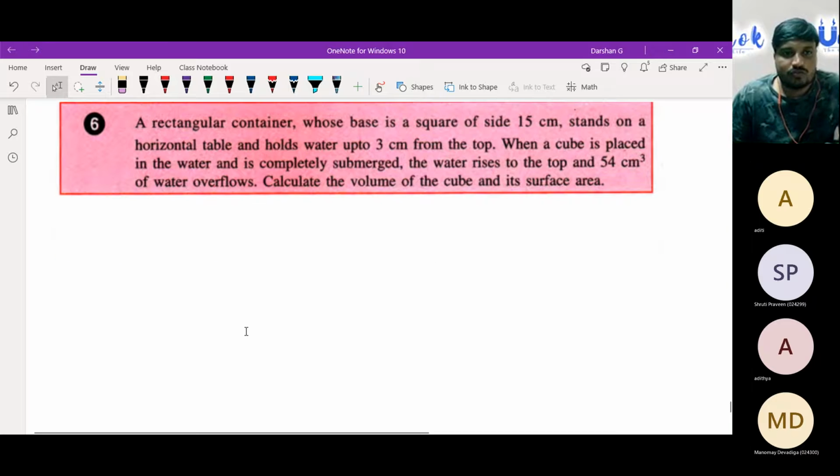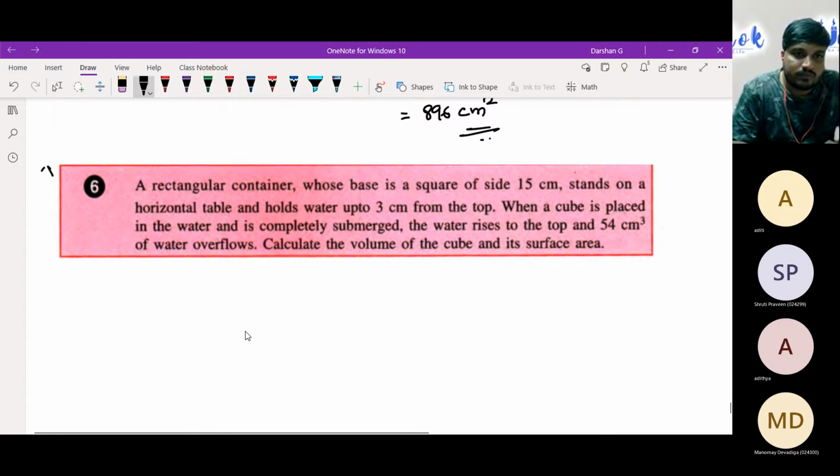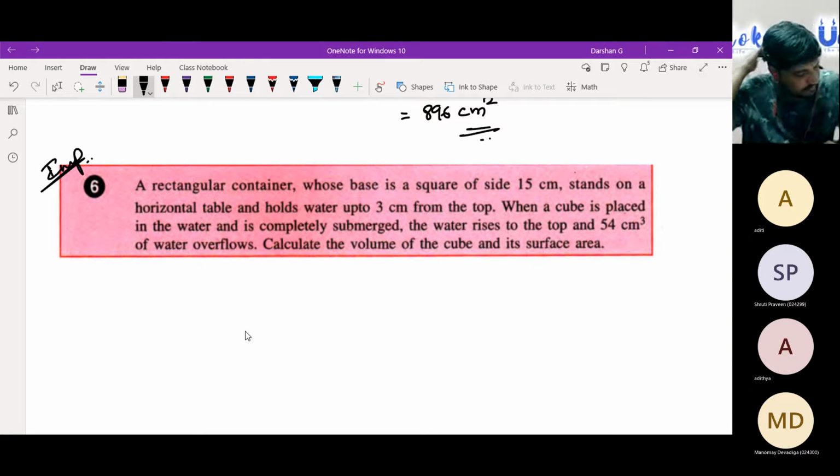Let's move. The sixth question. This is a very, very important question. A rectangular container whose base is a square of side 15 centimeter stands on a horizontal table and holds water up to 3 centimeter from the top.